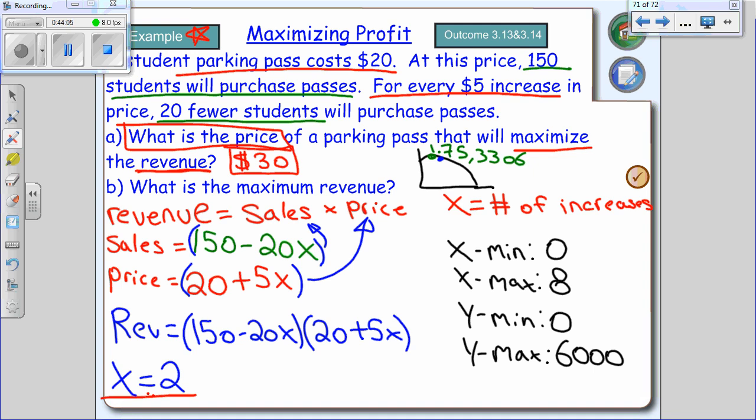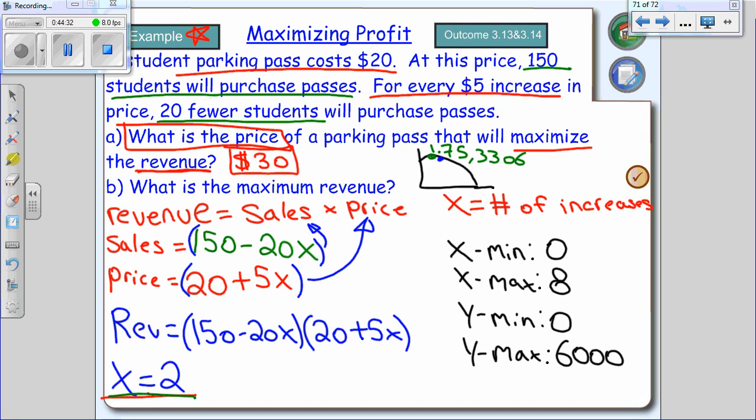Question 2, what is the maximum revenue? The maximum revenue is not $3,306. You need to take your value of x equals 2, and you need to actually substitute it in here and calculate what you get. So you're going to have a price of $30. You end up having sales of 110 people.